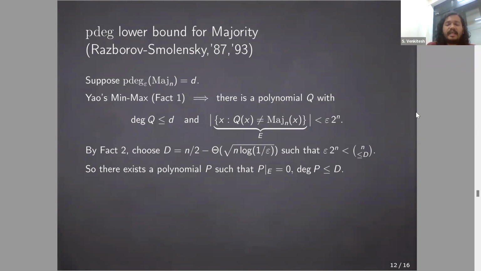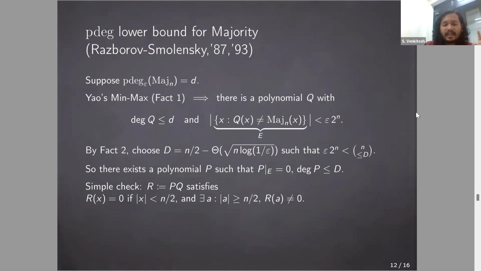It vanishes on this error set and its degree is at most capital D. And now we simply multiply. A simple check of the vanishing properties of P as well as Q will tell you that the product P times Q, which I call here R, will vanish at every point with Hamming weight at most n by 2 minus 1. It will vanish at every point with Hamming weight less than n by 2.